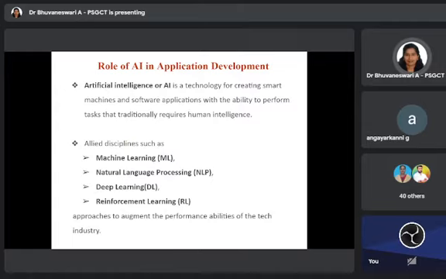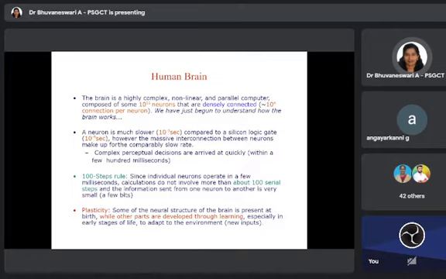So when you take the human brain, the brain is a highly complex, non-linear, and parallel computer. Now, what do you mean by parallel? At the same time, you can multitask: your vision sees, your mouth talks, you hear, you can move different parts of your body.